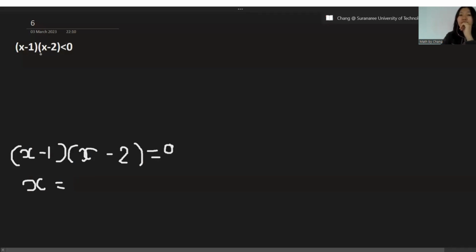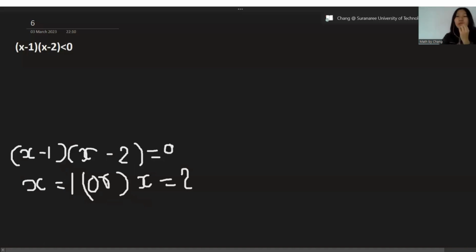So this is quadratic, and you will get 2 solutions for x because it's quadratic. So you will get x equal to 1 or x equal to 2. All right, you will get these 2 answers. I have already explained this in example 1.